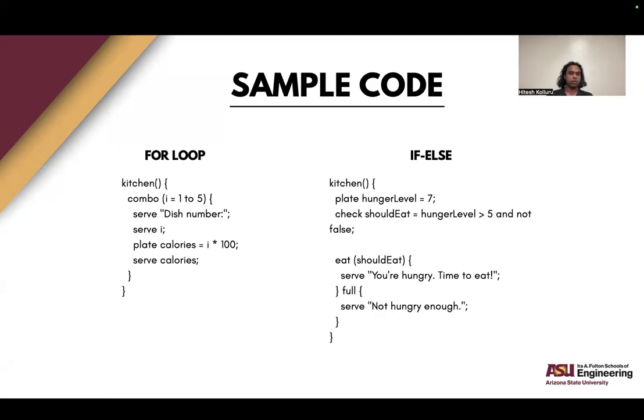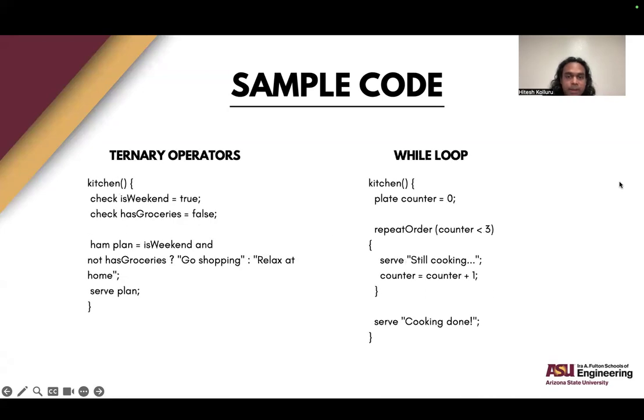Similarly for the for loop, we have kitchen as the entry point, and then combo is our for loop. It goes between 1 to 5, and then displays the output. And similarly for if else, eat is the if and full is the else. And ternary operators, where we have the question mark, the statement, the true statement, and the false statement.